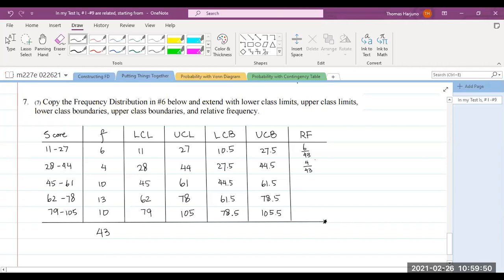However, if later on you go to work or somebody asks you to do it in your work context, or in your higher course, the senior year project, for example, then make it into 3 decimal places at least. Usually 4 decimal places. But in my class, you can just leave it like that and make sure you add them, and make it equal to 1.